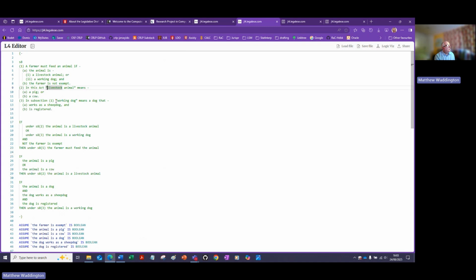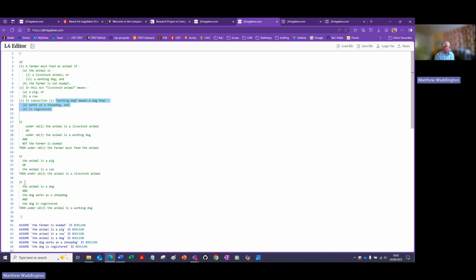Similarly, with the working dog definition, it says working dog means, and then it's not a dash straight away, it means a dog that, dash, and then it breaks out into the sub-paragraphs, works as a sheepdog and is registered. So the same thing there again, we have to have complete sentences.